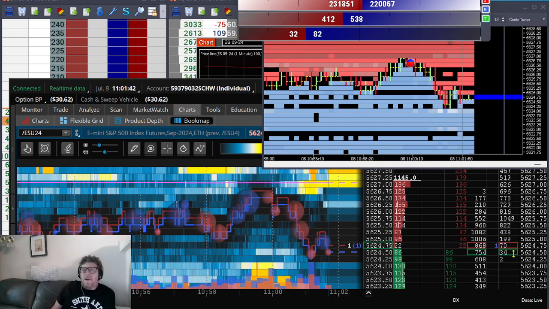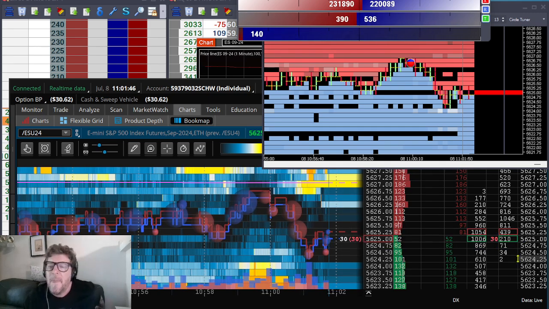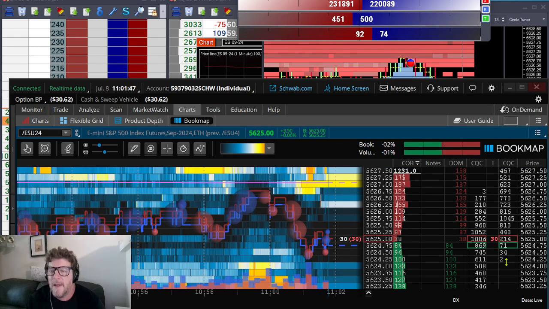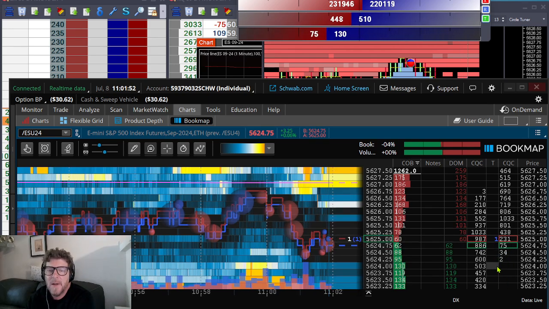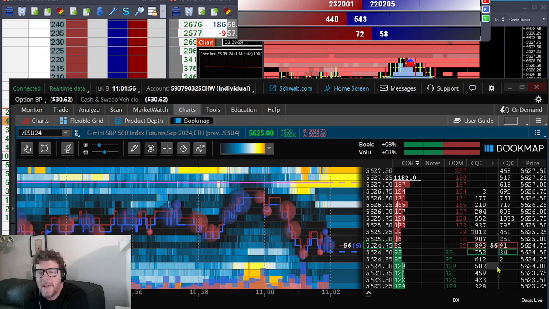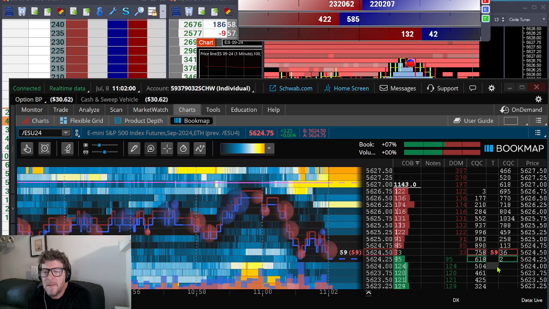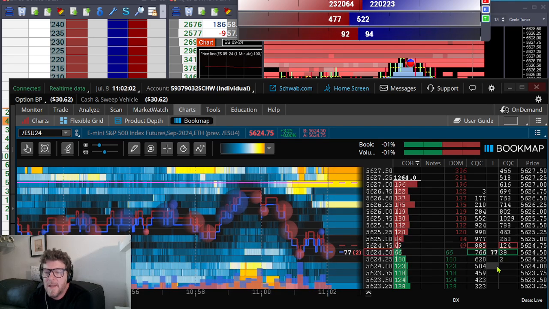Could be. I'm looking at this two right here on the offer side of the quotes counter, and I need to see an add happening. Otherwise, that could be an iceberg, and an iceberg would just stop the momentum right there. So it's testing down into it.